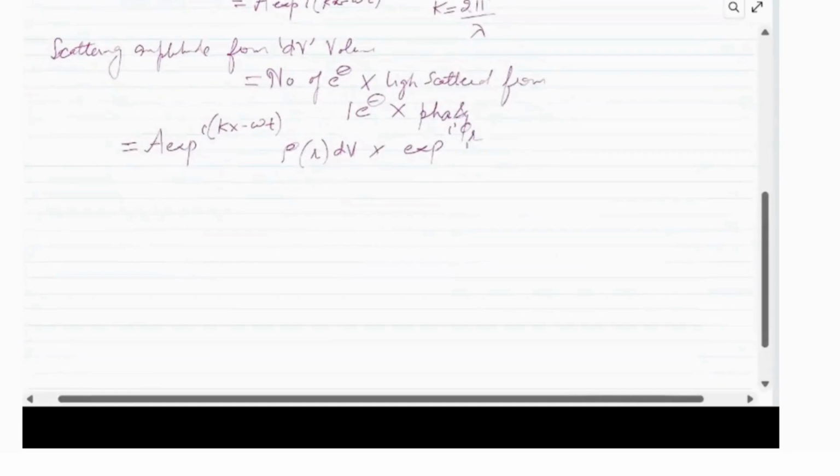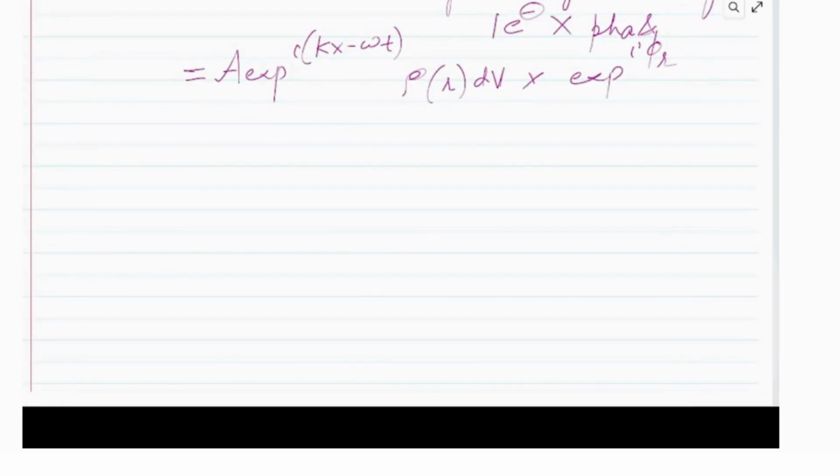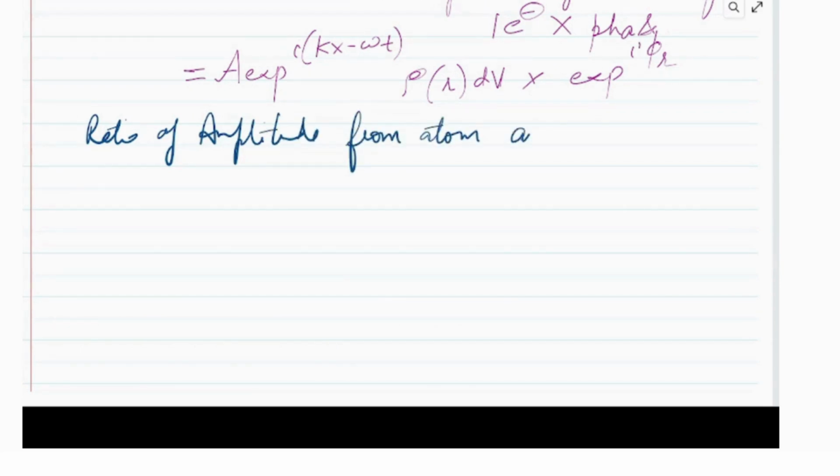So combining these two, we will get the expression for the scattering factor, which is actually the ratio of amplitude scattered from the atom or from dV and that of the electron. But here we will calculate it for dV first.